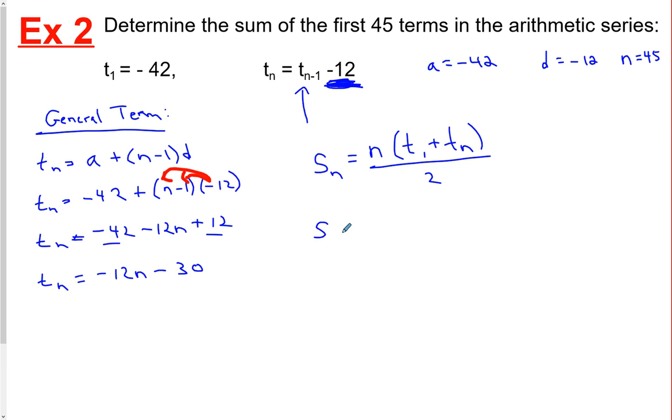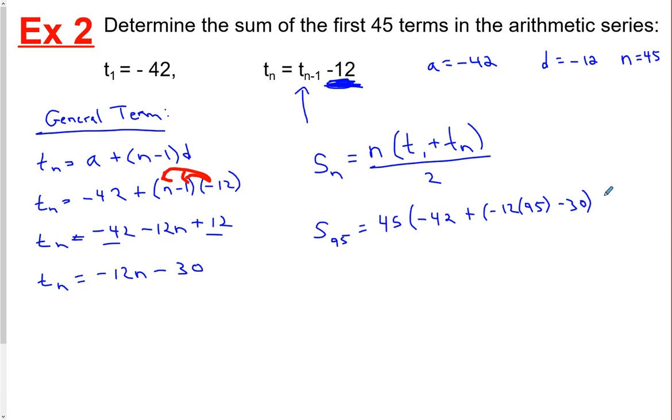Let's put our values in. I know I want the sum of the first 45, so I'm going to put in a 45 wherever I see an n. My first term is negative 42. You could also call that a. It's the same thing. My general term is right here, negative 12 times n. n is 45, minus 30.